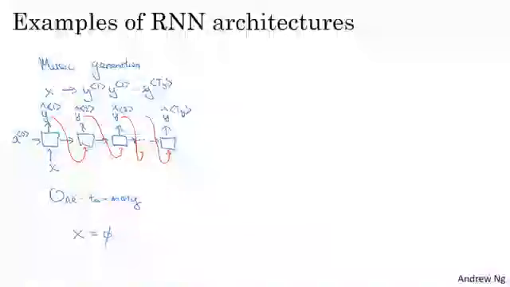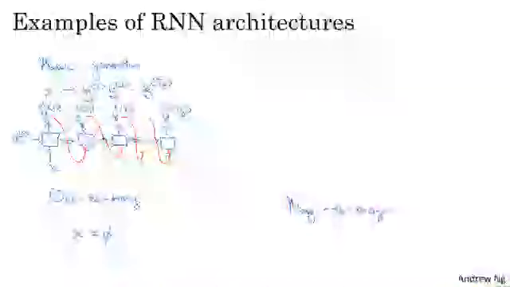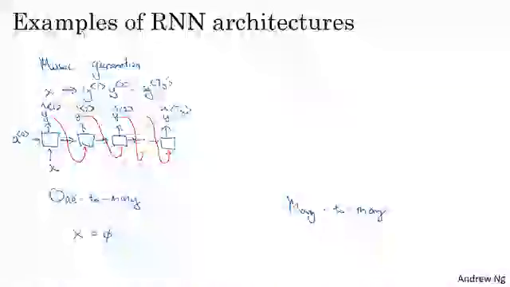So we've talked about many-to-many, many-to-one, one-to-many, as well as one-to-one. It turns out there's one more interesting example of many-to-many, which is worth describing, which is when the input and the output lengths are different. So in the many-to-many example you saw just now, the input length and the output length have to be exactly the same.